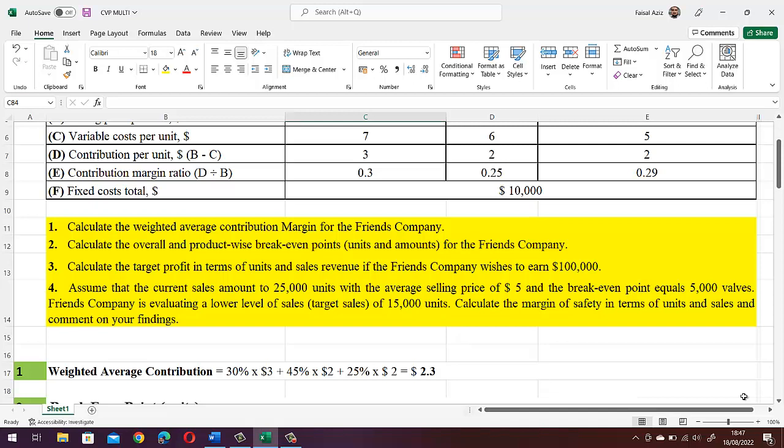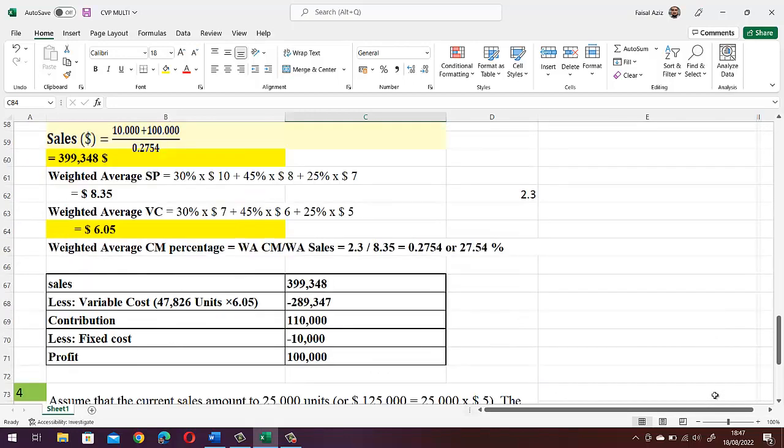The fourth requirement, as you can see, is to assume that the current sales amount to 25,000 units with an average selling price of $5 and the break-even point equals 5,000 units. Friends company is evaluating a lower level of sales, target sales of 15,000 units. We need to calculate the margin of safety in terms of units and sales, and we need to comment on our findings. So here it comes, part 4.